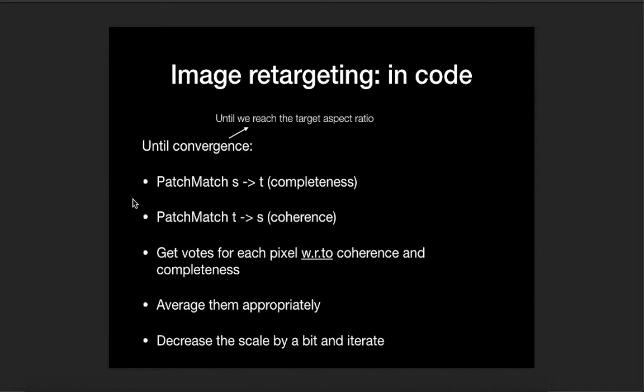A couple of practical recommendations proposed in the PatchMatch paper: you can't just go from 256 to 200. You have to do it gradually to make sure that you end up with a good minimum.